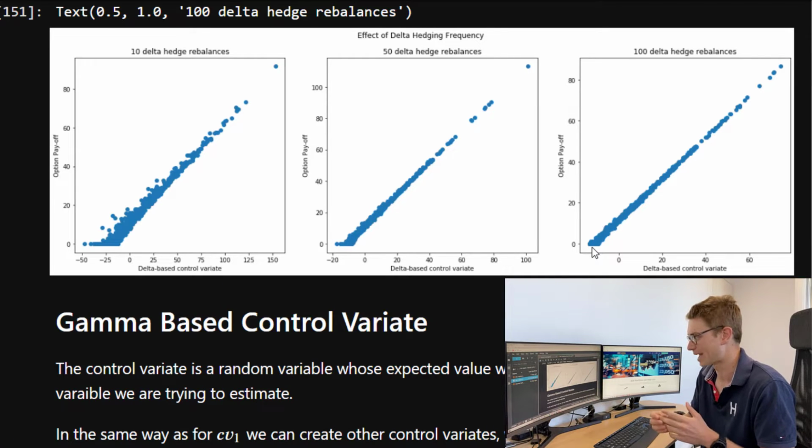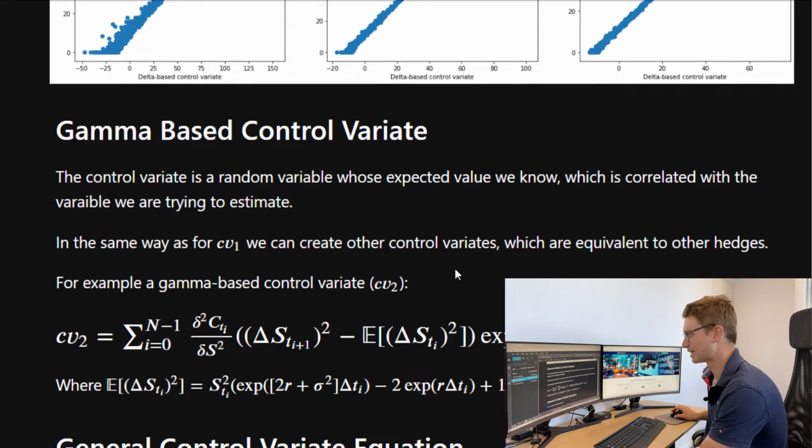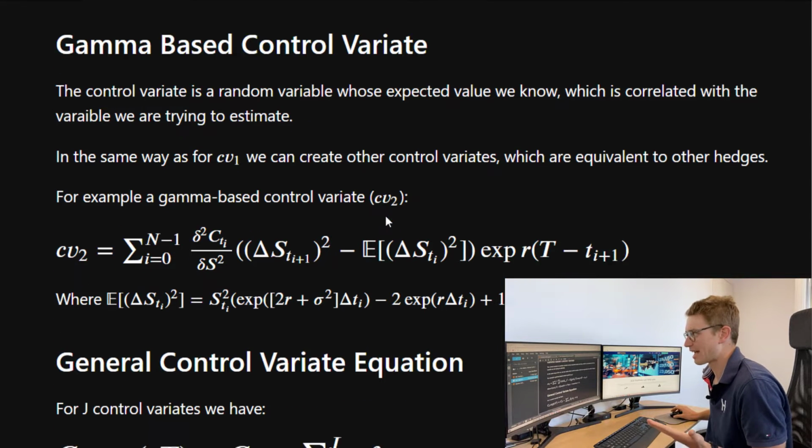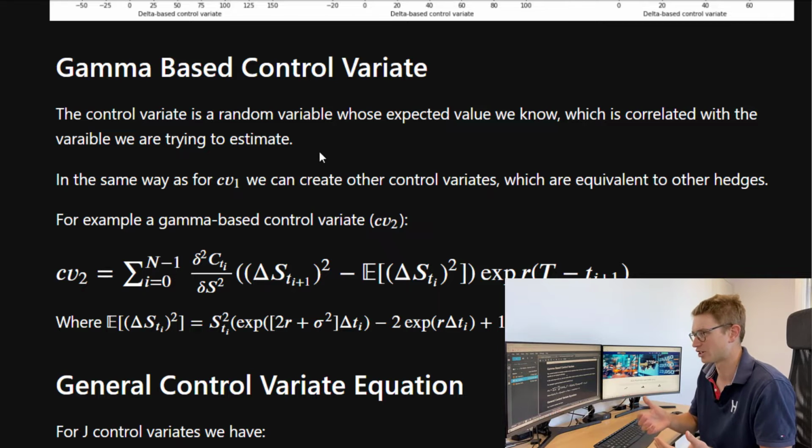So as you increase the number of delta hedges, and in a perfect Black-Scholes world, that would be infinite rebalancing, the option payoff converges to this delta-based control variate. So what can we actually do? Now that I know that it's a bit of a one-to-one relationship, I can then compare that to other hedging methodologies.